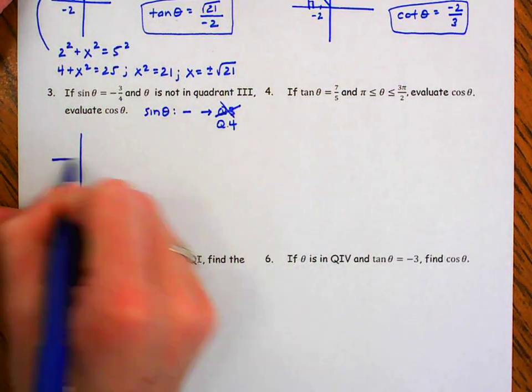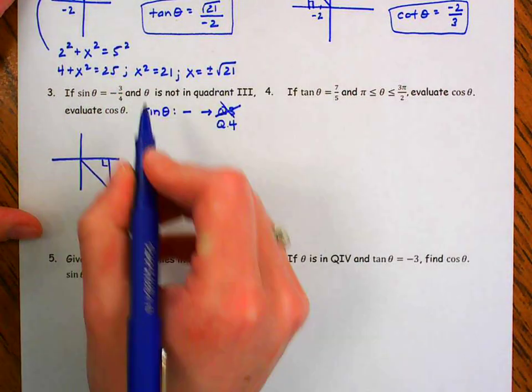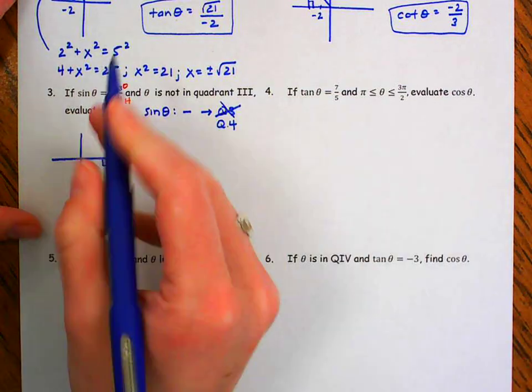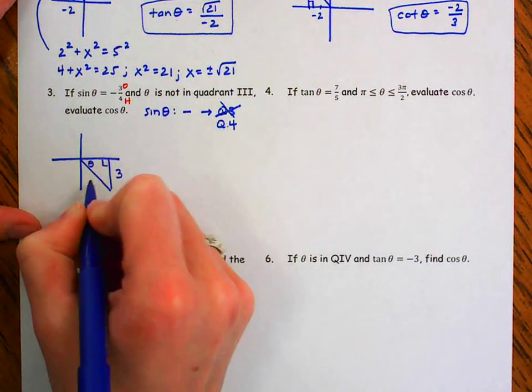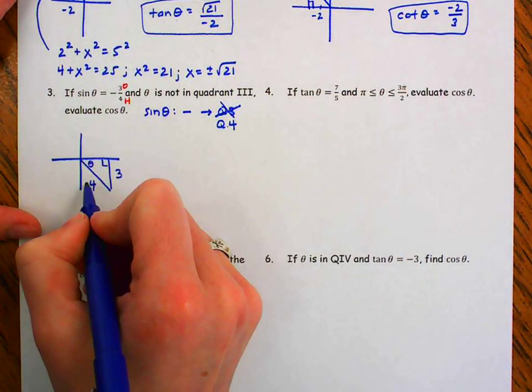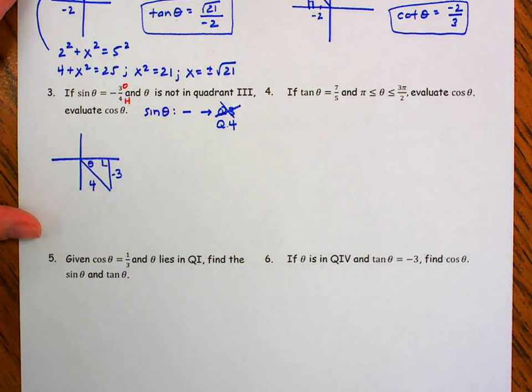So let's draw our picture. Sine is the opposite side over the hypotenuse. So the opposite side, so here's my theta, is 3. My hypotenuse is 4. We need to think about that negative. The hypotenuse is always positive, and it makes sense that the 3 is negative because it's what's going down.